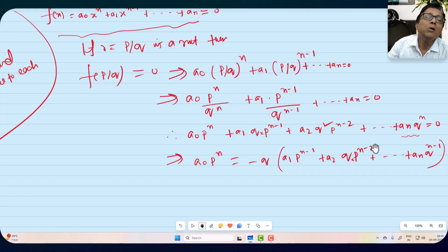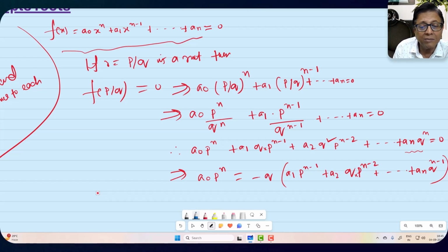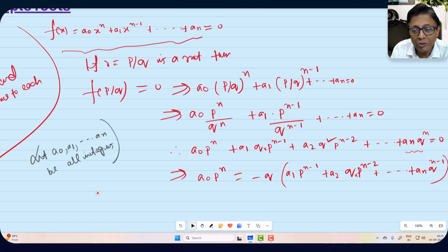Now you assume that all those coefficients are integers. We are going to discuss about integer roots. You should make this assumption that let a0, a1, up to an be all integers. Okay?